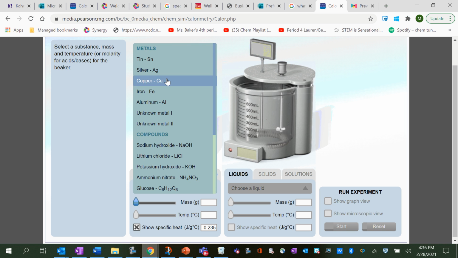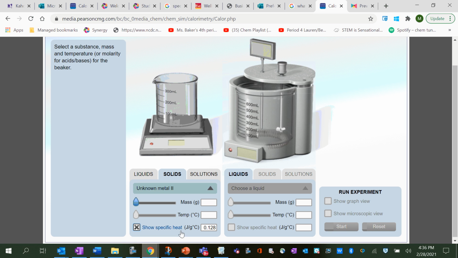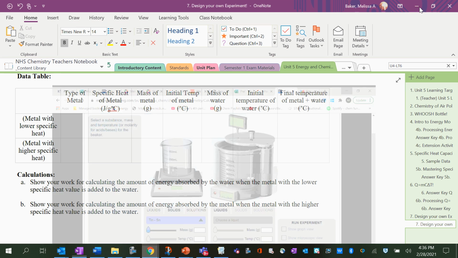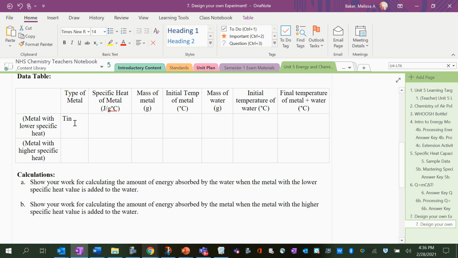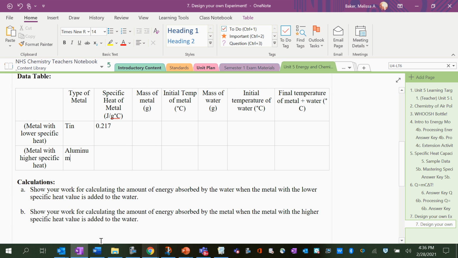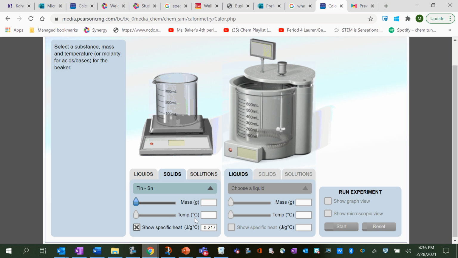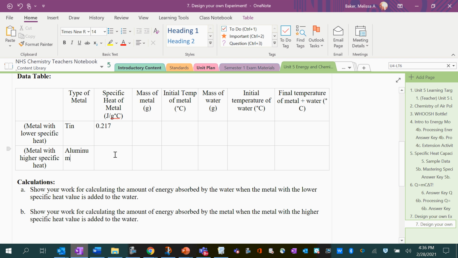So 0.217, maybe these go lowest to highest until you get to the unknowns. Now I'm going to use tin, which is 0.217, versus aluminum, which is, let's check out what aluminum was, 0.903.